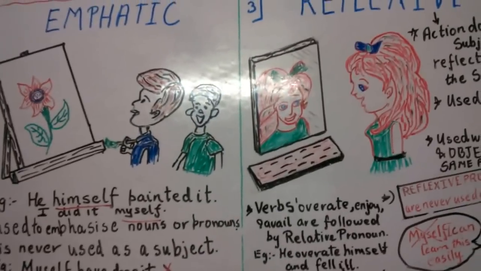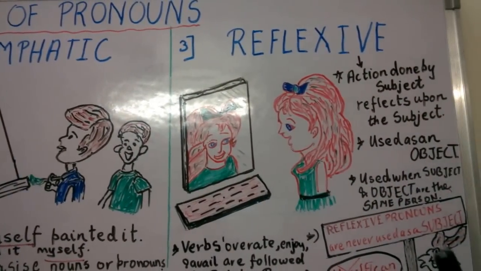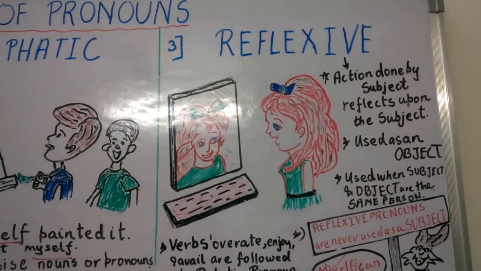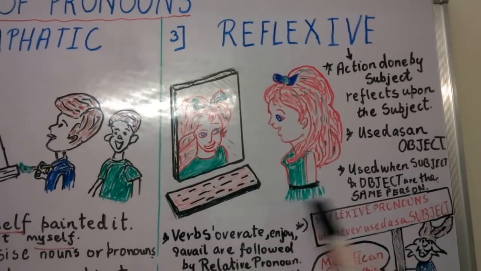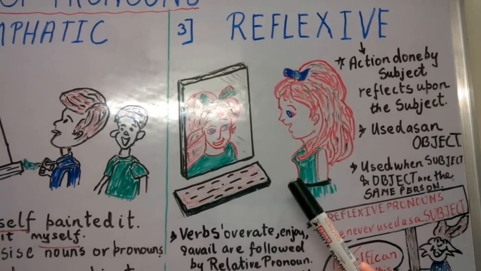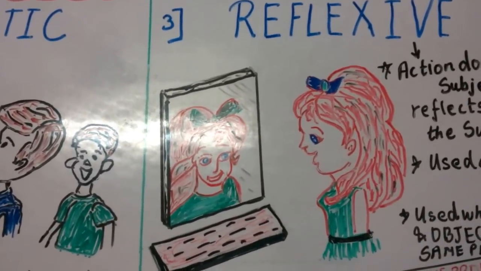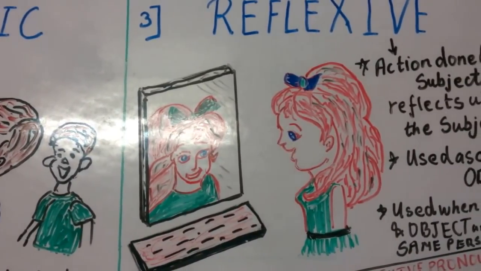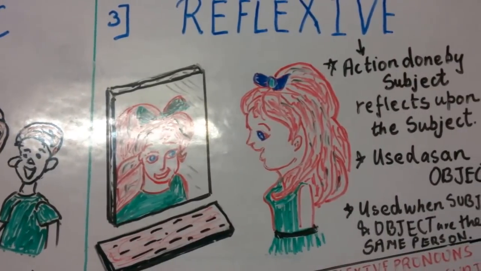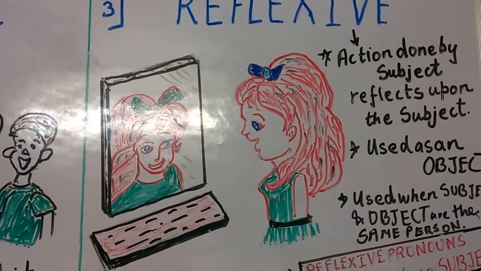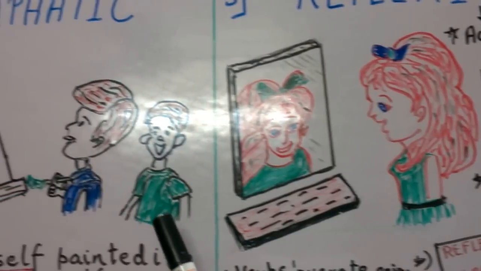Reflexive means the work that we do for ourselves. So the subject is equal to the object. The person is doing the verb to himself. But in emphatic, I want to show that the person himself is doing it, not somebody else. He himself is doing everything. He himself painted it.